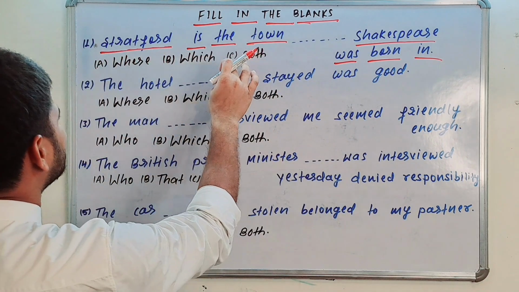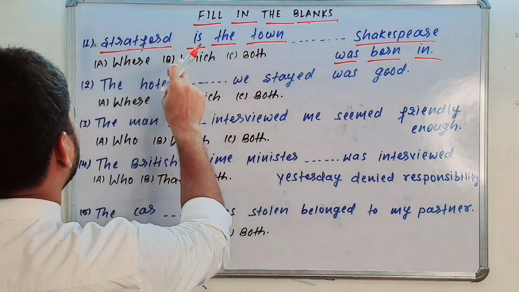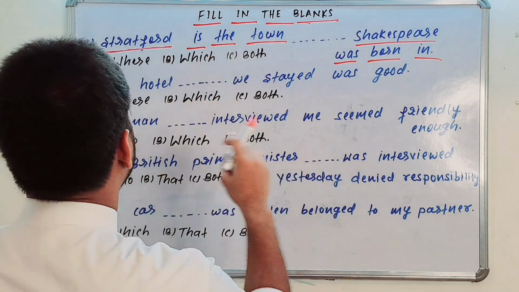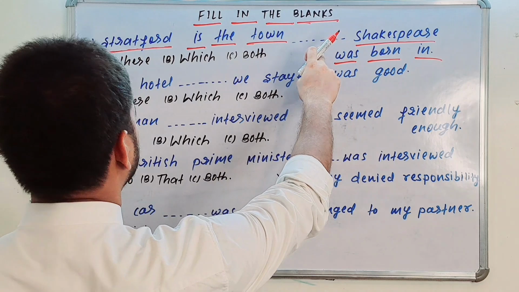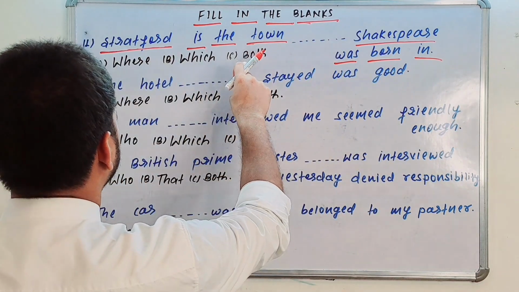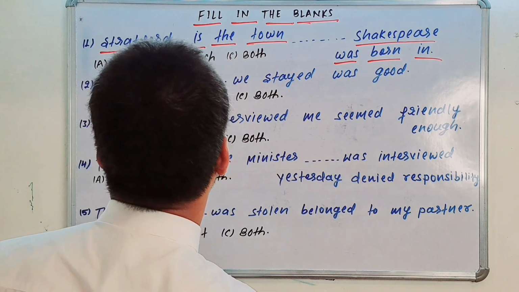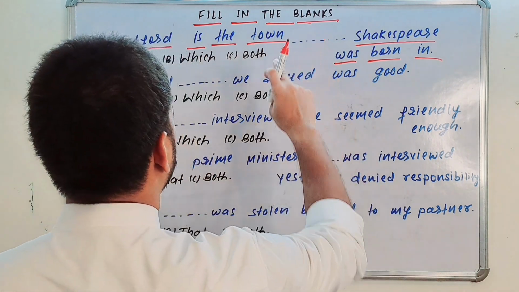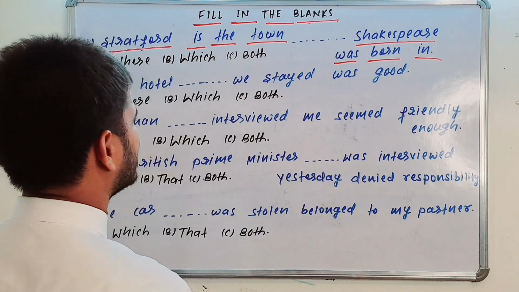So you can select both, where and which may be suitable as the right answer, and you can fill in the blanks with both. But now comment down below which one is the suitable answer and the right option.